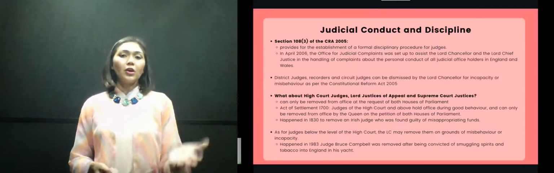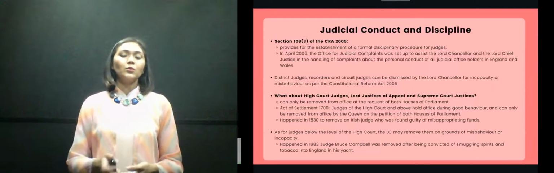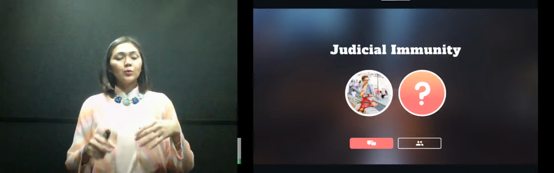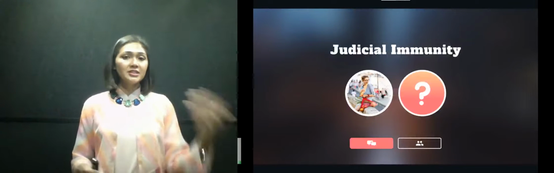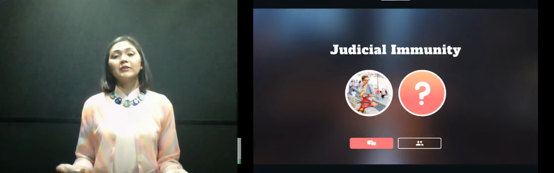When he got caught, there was a disciplinary hearing and he was subsequently dismissed because he was acting like not a judge. As you can see, because judges can also be prosecuted, it shows that judges are not above the law.